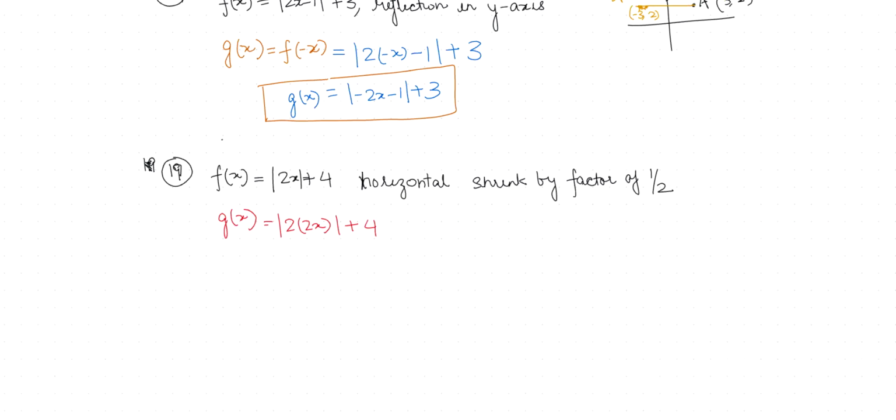We have to multiply each input value, that means each x, with 2, because it is a horizontal shrink by a factor of half. So this would give us 4x plus 4. So our transformed function is 4x plus 4.